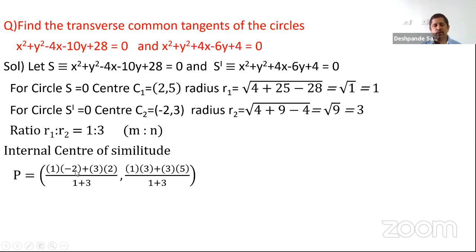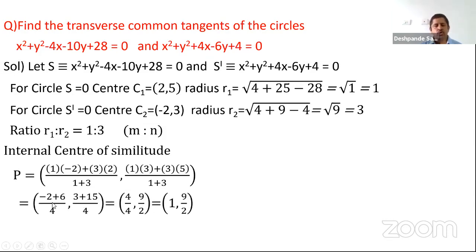So simplify this. 1 into minus 2 is minus 2, 3 into 2 is 6. So minus 2 plus 6 is 4, 4 by 4 is 1. And 3 plus 15 is 18, 18 by 4, which is nothing but 9 by 2. So the point is going to be 1, 9 by 2.